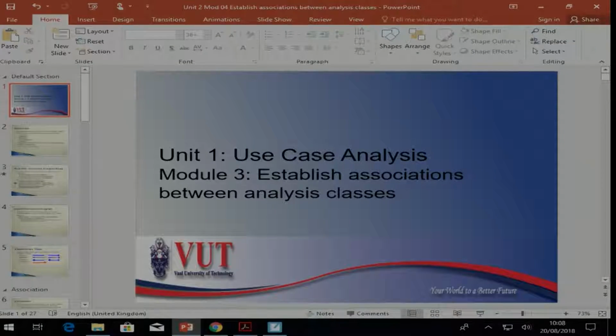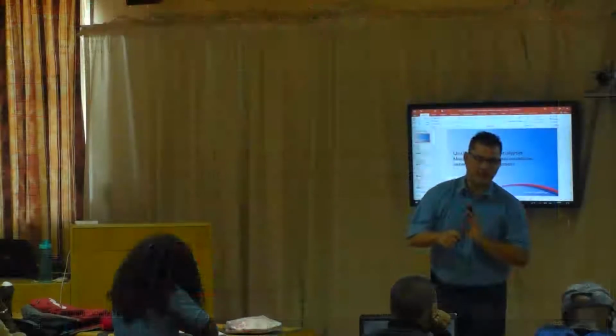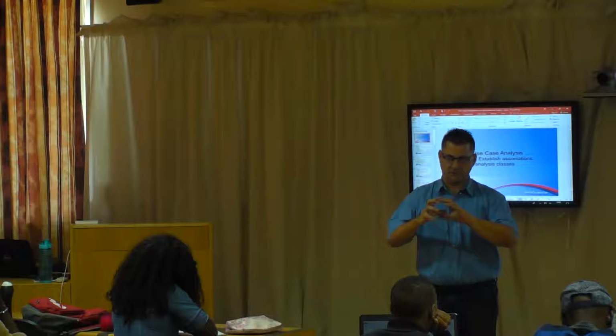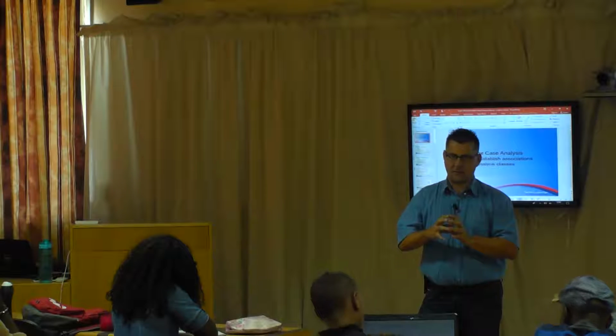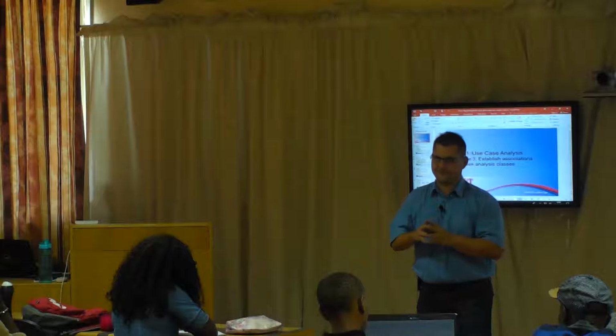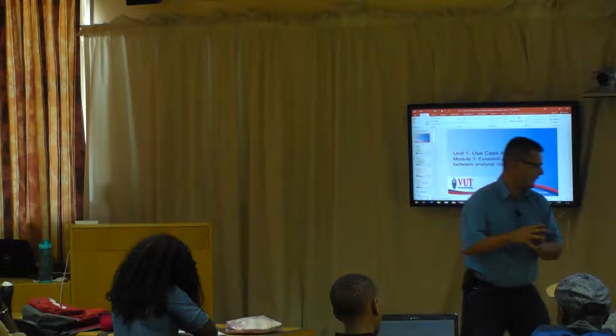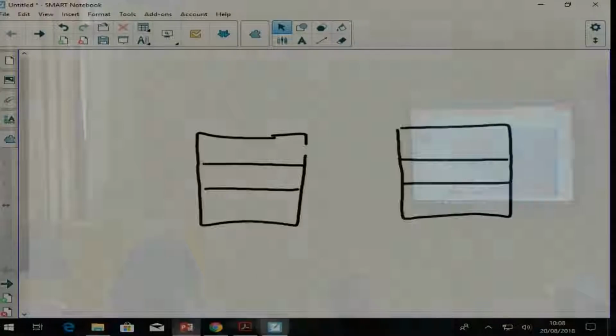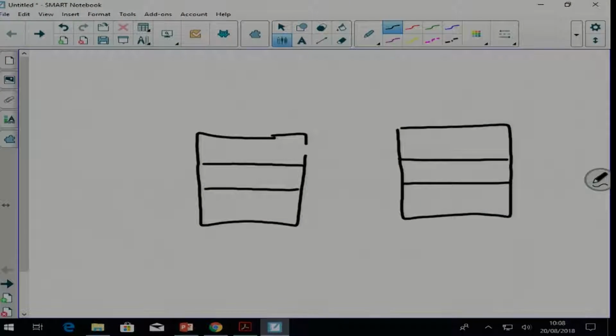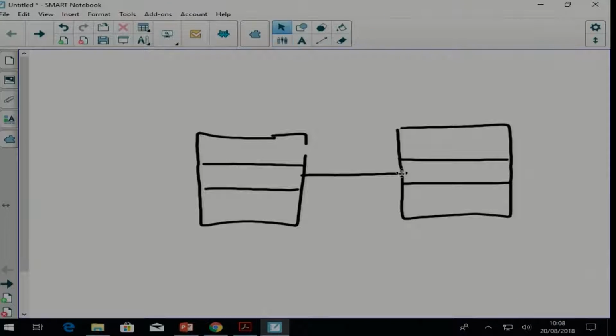Now, as I asked, the question is: what is the output of this step? It ultimately is going to become a class diagram. What are the components we have in a class diagram?